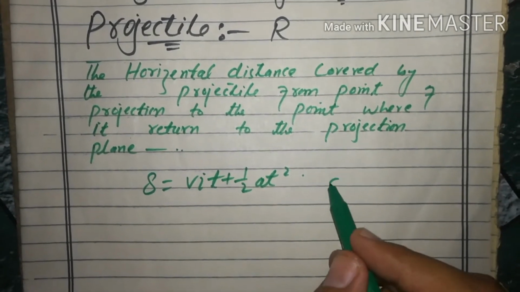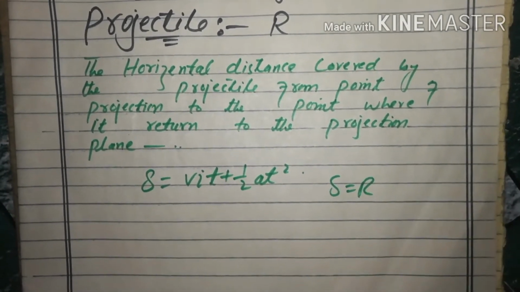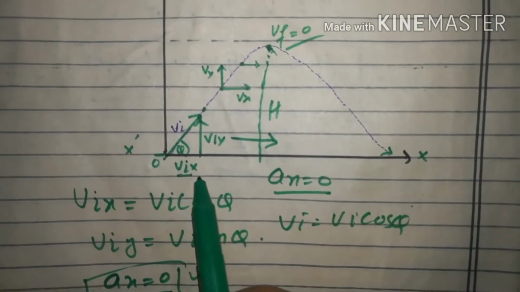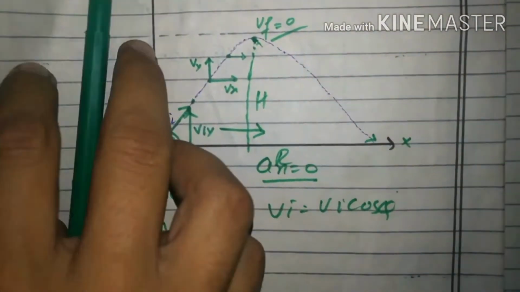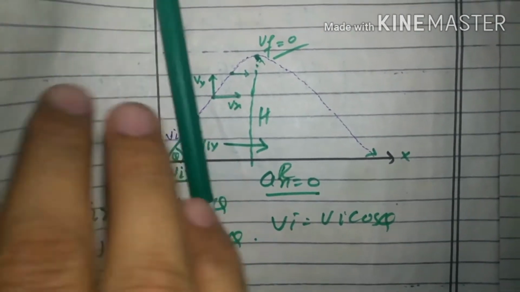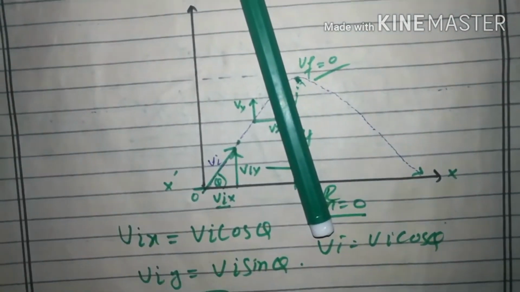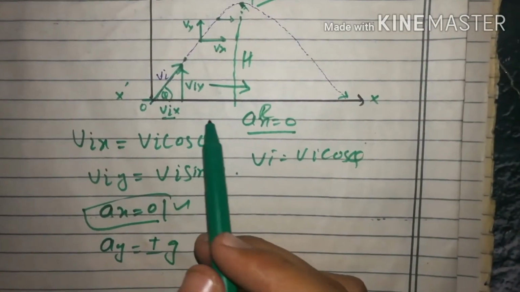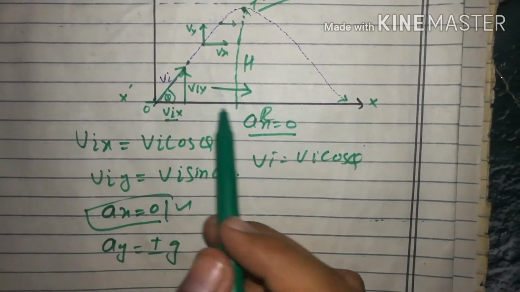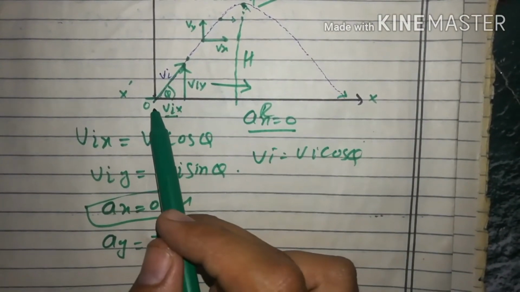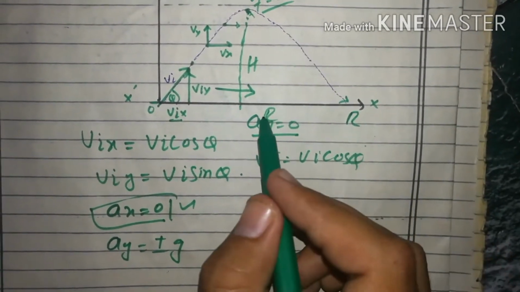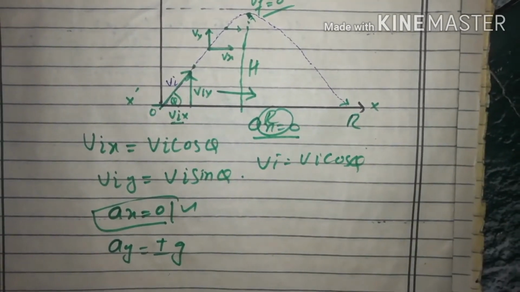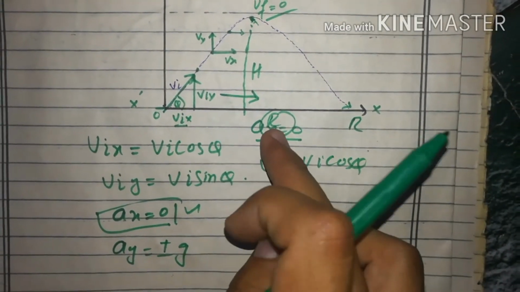Here S is equal to R. As from the figure, this is the projectile motion from here to here, it is equal to R. This is the range of the projectile from point O to point R. So it is equal to capital R.